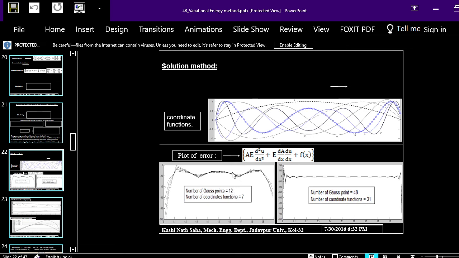Some rule is there. You will get the detailing in Gauss integration routine. Everything is available in numerical recipe. There is a book, okay, on numerical methods. For practical purpose, you have to follow that particular book.